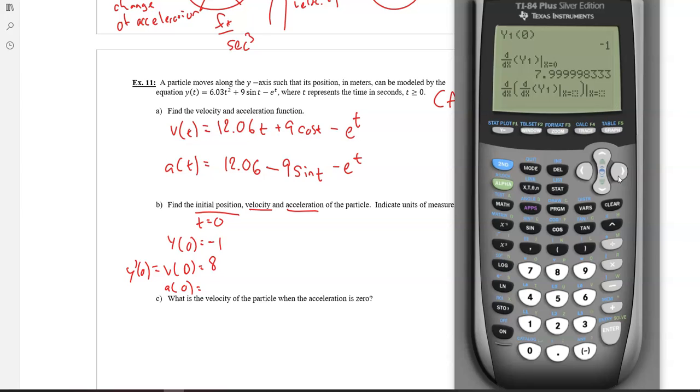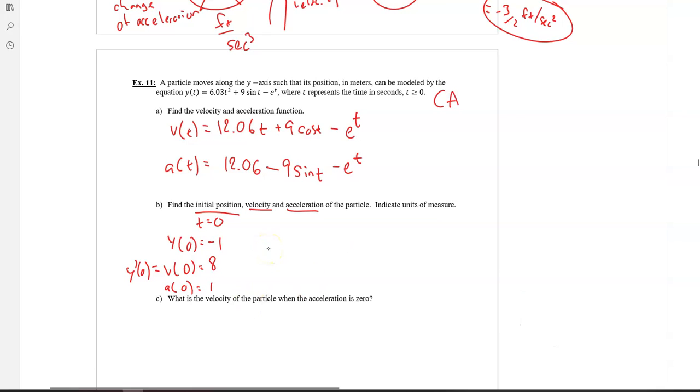Ooh, actually, this is going to be interesting here. I think if I just type in x there, actually, you know what? This might not work now that I'm looking at it. We'll see. I don't know if that's right. Let's actually plug in 0 here.